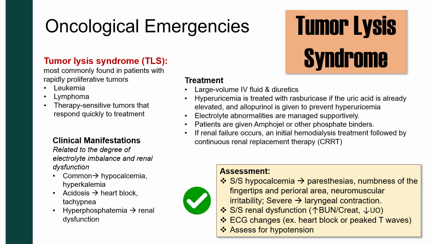So again, we're monitoring the BUN and creatinine. We're also going to monitor urine output, ECG changes. So these patients should be on a heart monitor, and we could expect to see a heart block or peaked T waves. And then we're going to keep an eye on their blood pressure vital signs because they're at risk for hypotension. And that concludes oncological emergencies.